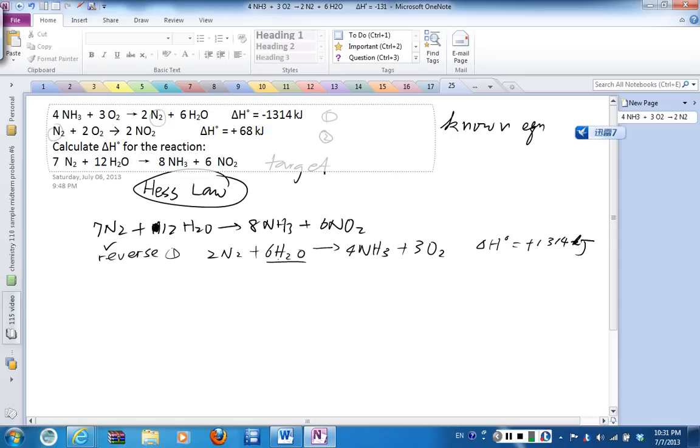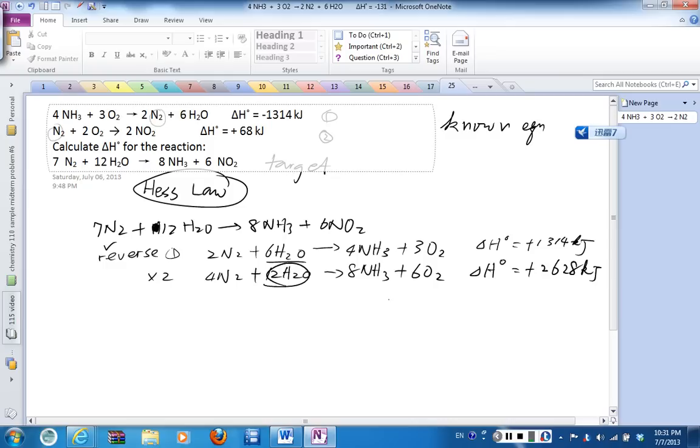Well, we can always double the equation: 4 N2, 12 water, 8 ammonia, 6 oxygen. Remember, if you double one component, you double every component. Otherwise, you would be losing your balance of the equation. Whatever done to the equation, do to the delta H. Double up your 1314, positive 2628 kilojoules. So water is all set.